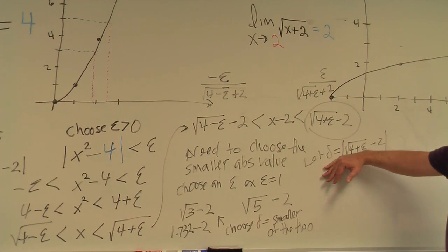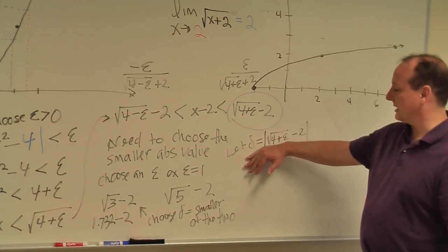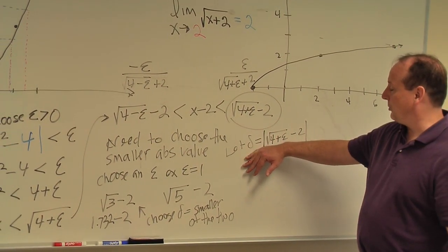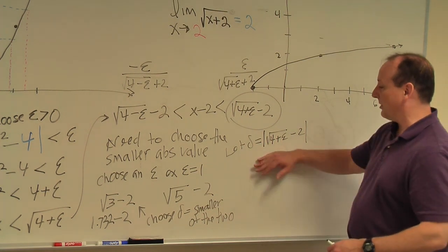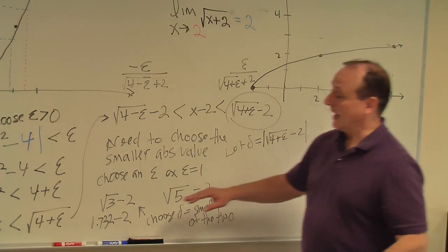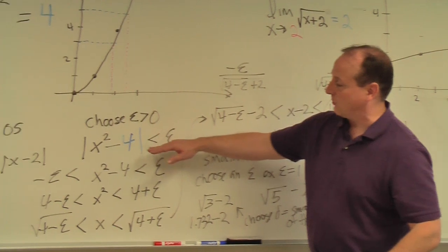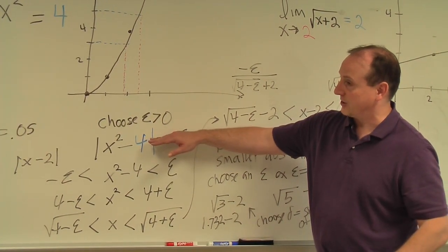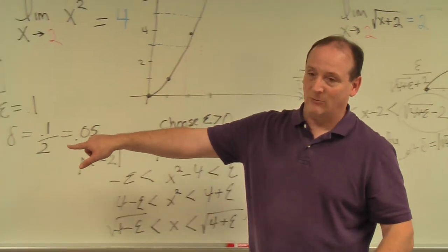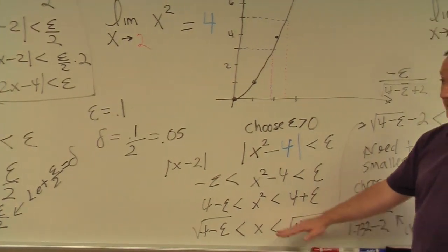So there it is. This would be the delta that I would choose, and then I would literally write this backwards and come back to this to show the proof. Just like I wrote that one backwards, I would literally reverse my steps.